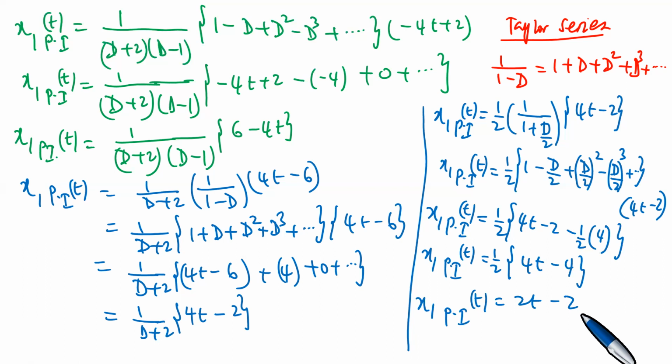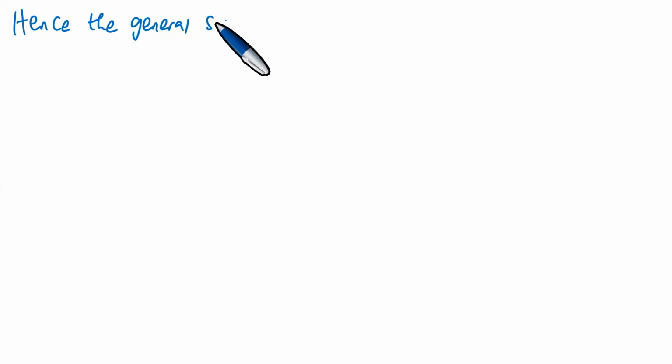Okay, so we got the particular integral, but we also got the complementary function, and hence we have the general solution. Hence, the general solution is given by... I want to say first, the general solution for x1.